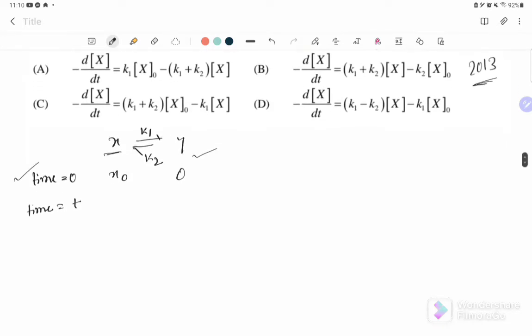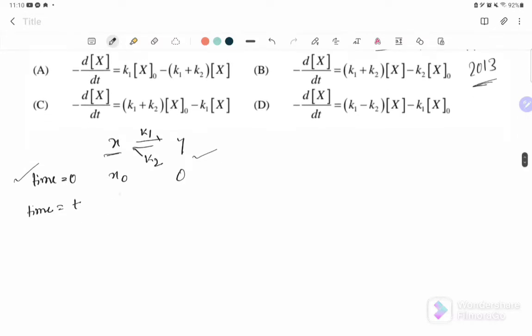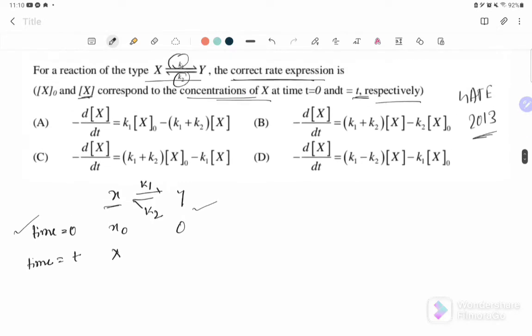After time t, the concentration of X corresponding to the time t will be x.